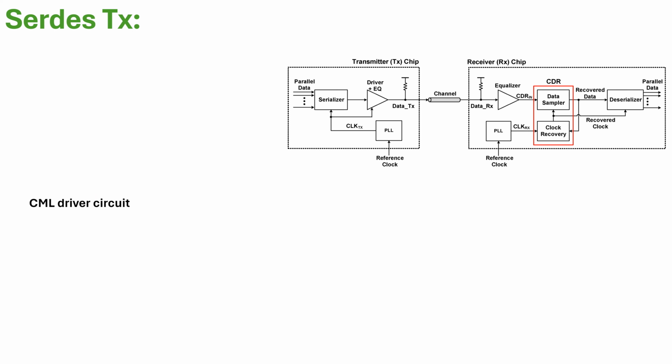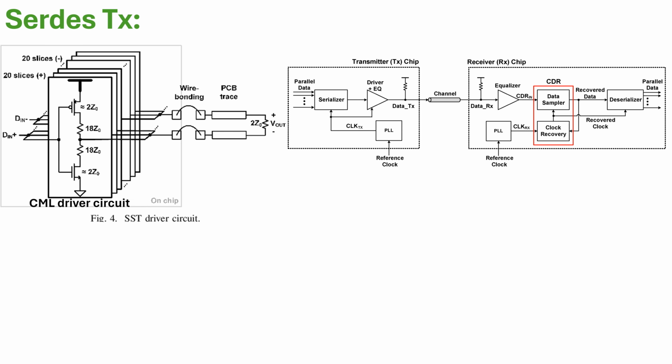Let's see them. I'm considering the transmitter now, or the serializer part. The first one is the SST driver circuit. It means source series termination driver circuit. The very related IO circuit is SSTL, stub series termination logic IO. Concept-wise they are very similar. So what is this? The driver side we call the source, the receiver side we call the load. The source side is the near end, the receiver side is the far end.